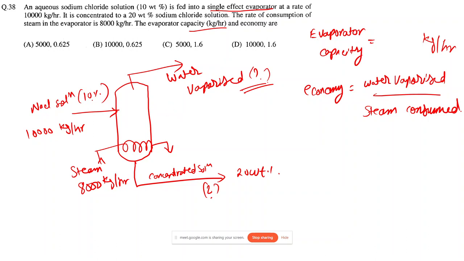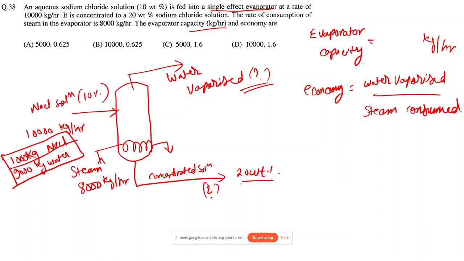So in the feed we have this 10% NaCl solution. So 10% of this 10,000 kg will be 1000 kg. So in this feed we are having 1000 kg of NaCl and the remaining 9000 kg will be water. Now in this evaporator, none of this NaCl will go to the top stream, so all of this 1000 kg NaCl will be exiting through this concentrated solution.